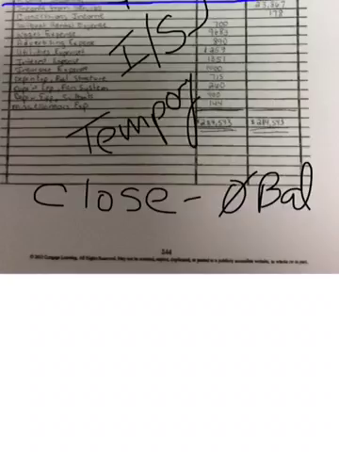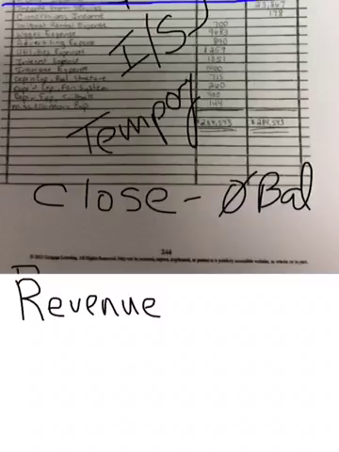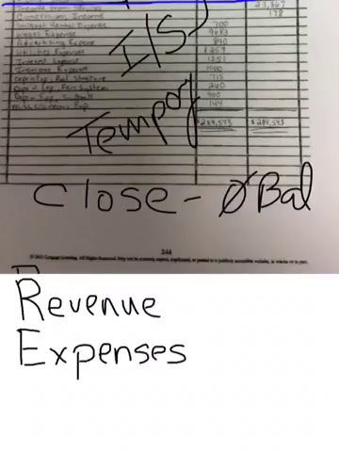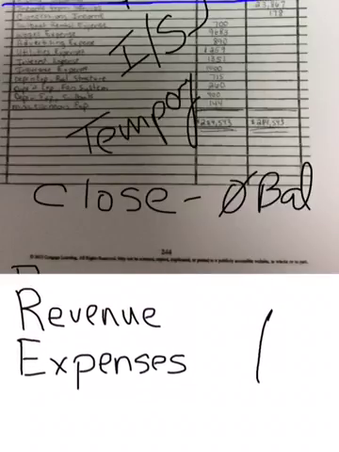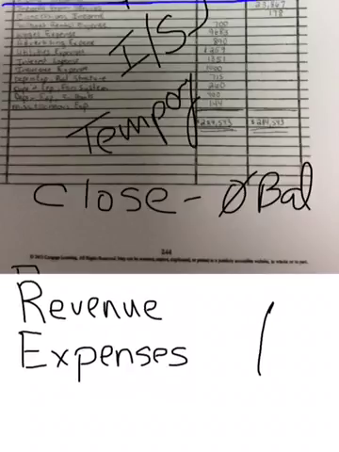In doing the closing entries, the first thing is going to be an R. The R is revenue. So the first thing that we will close will be our revenue accounts. The second thing that we will close is our E, which stands for expenses. The next thing that we are going to close is going to be a new account called Income Summary.